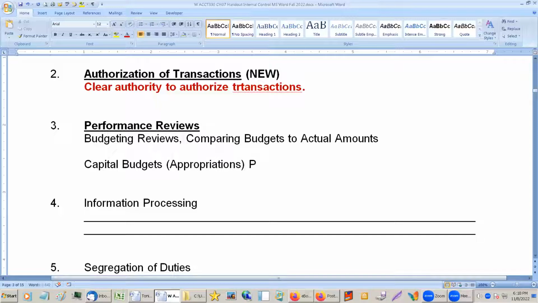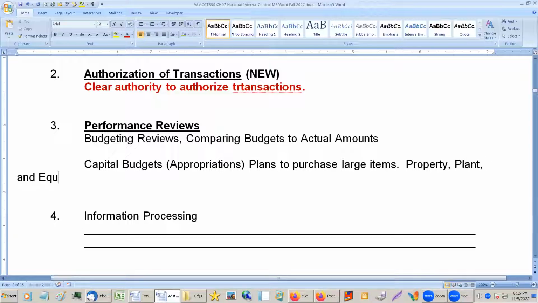And these are plans to purchase large things. Close.